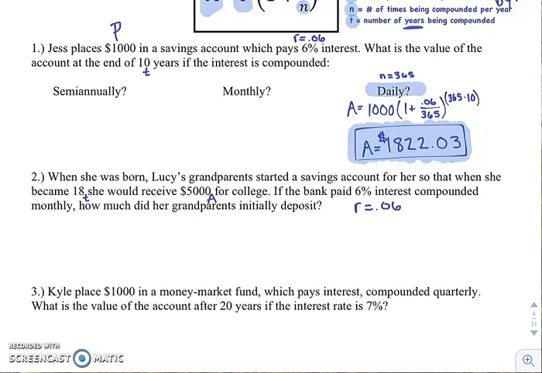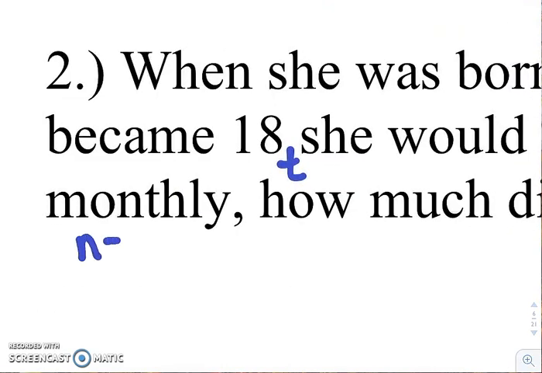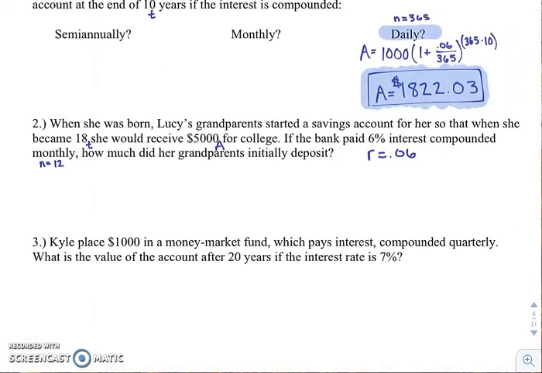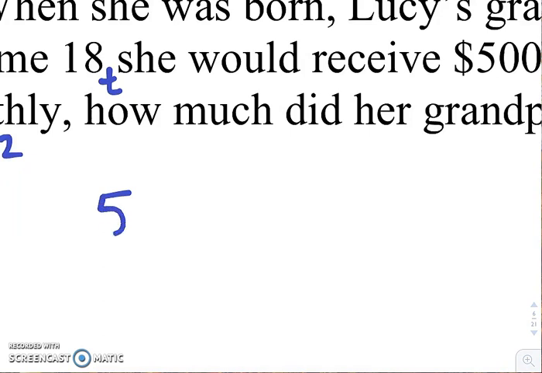It says it's compounded monthly, so monthly is your N, and not 365. There are only 12 months. So we can at least plug this in and then we'll go from there on how to solve it. This time we know that A, or the end amount, is $5,000.